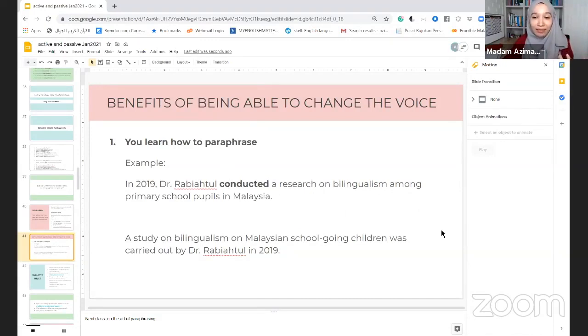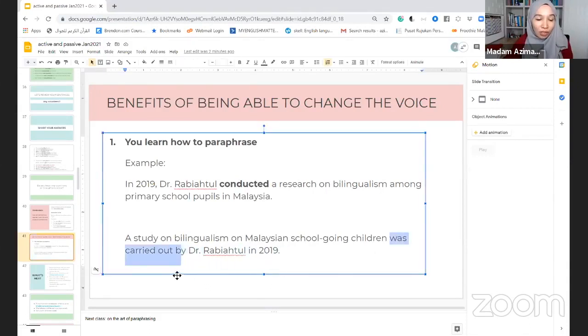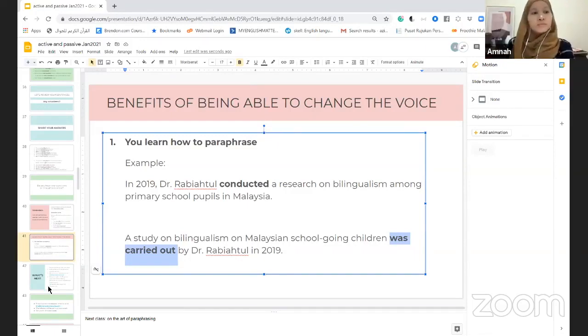I can paraphrase it, change it into a passive voice, change a bit of the words, and it's my own words now. A study on bilingualism on Malaysian school-going children was carried out. You see there? Passive be verb, carried out by Dr. Rabiatul in 2019. I just changed a bit of the words. Instead of was conducted, I changed it to carried out, and I've changed it into a passive sentence. Okay.